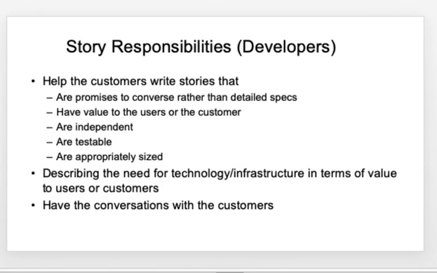So if you look at story responsibilities, developers have certain responsibilities. Developers will help customers write user stories that satisfy the INVEST criteria, and they will obviously strike a conversation with the customer.